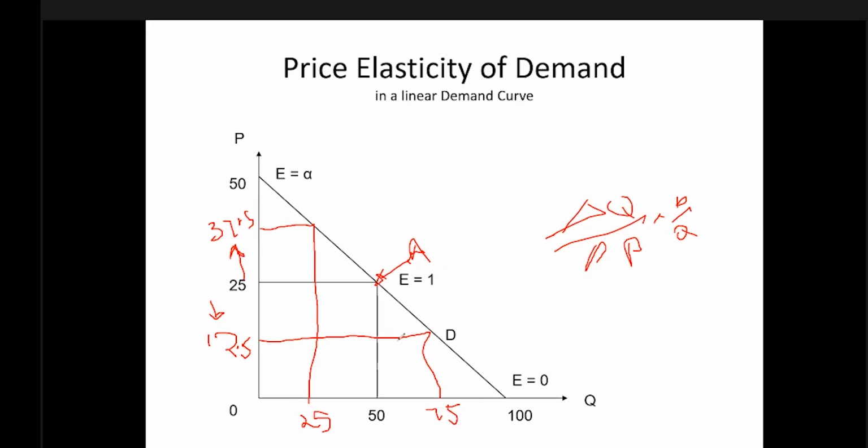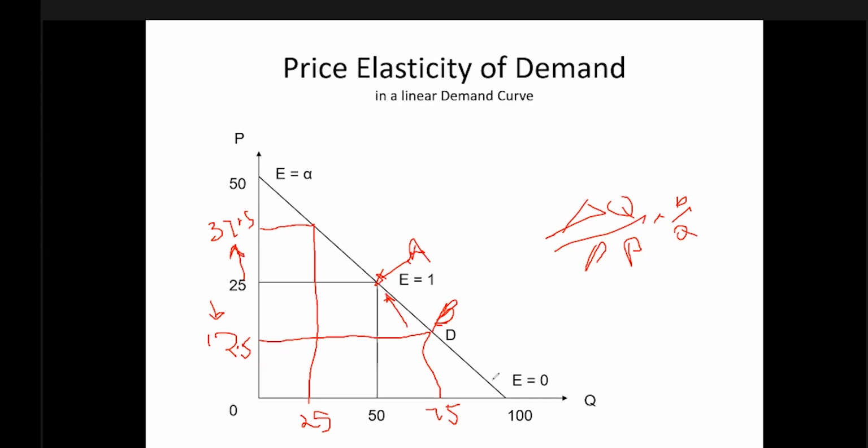But can you calculate at point B? You can use point elasticity again, moving from here to here or here to here. Let's say we are moving this way. The price change from 12.5 to 25. The initial point is 12.5 and 75.